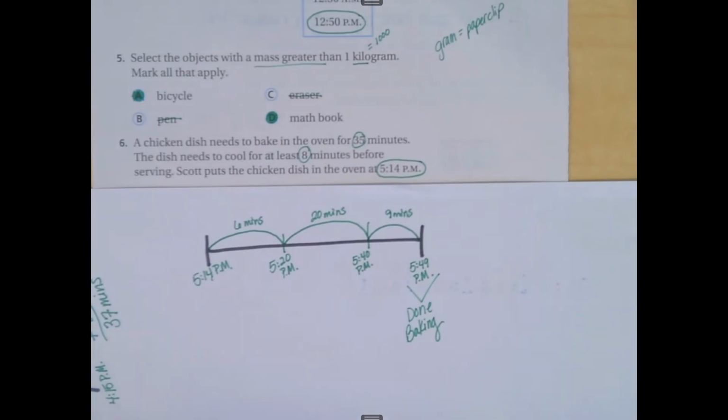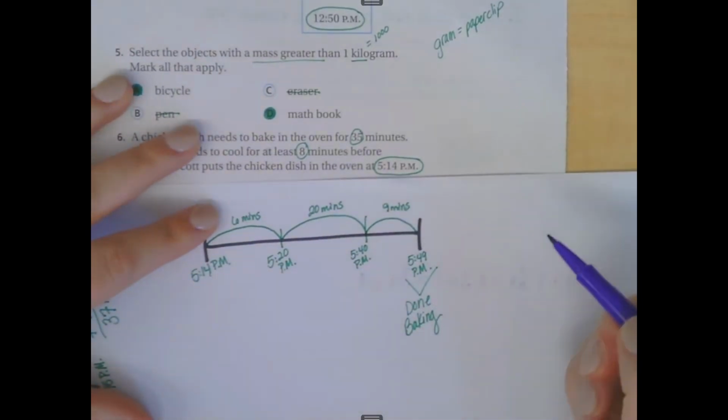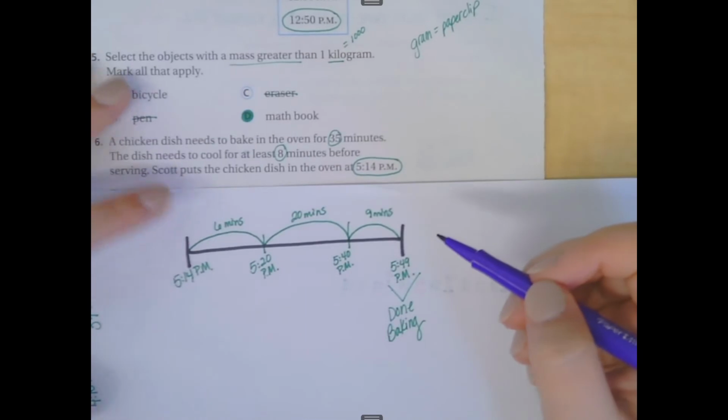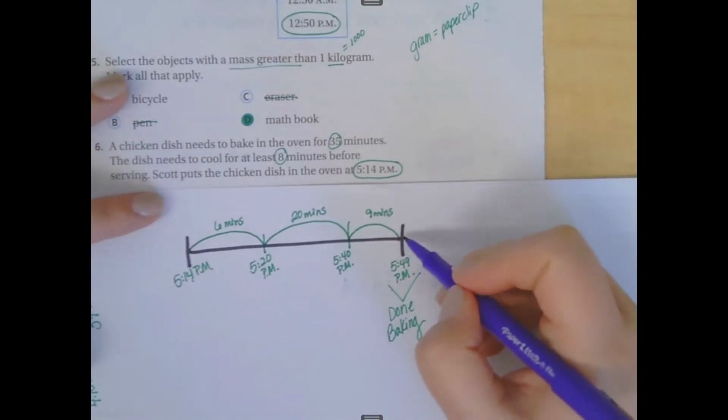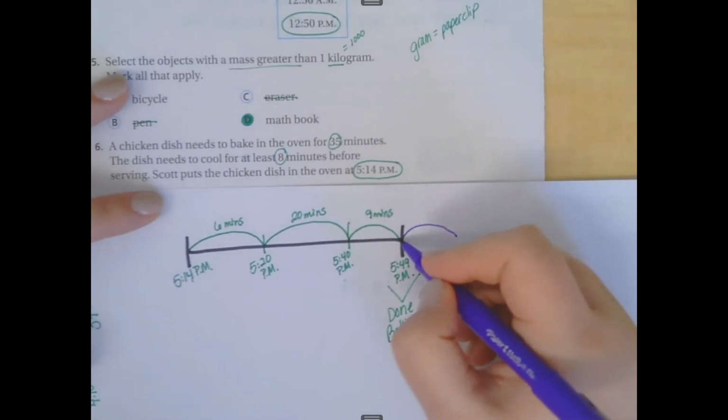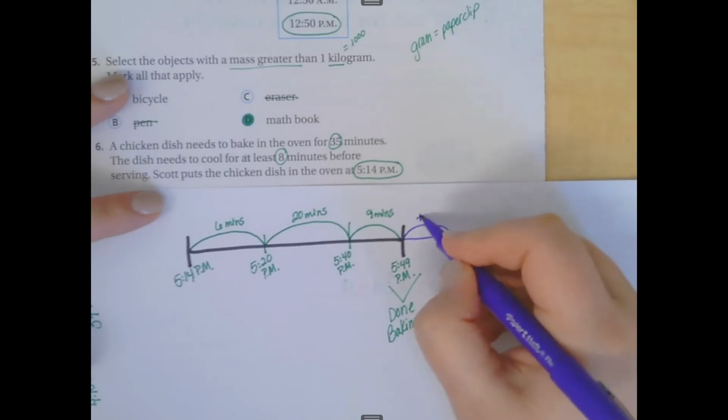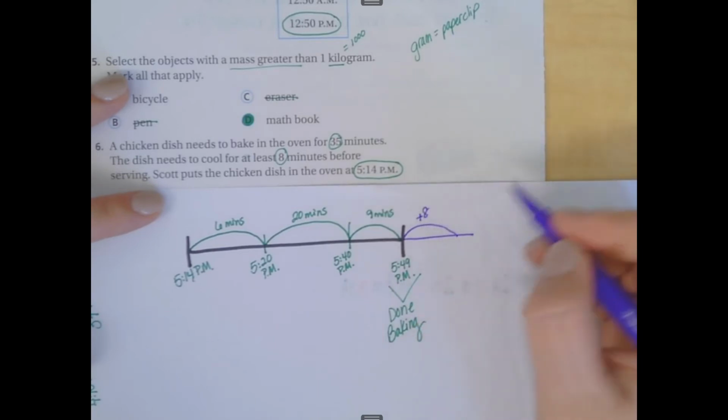Okay. Next, it needs to cool for 8 minutes before serving. At least 8. So it could cool for longer. So I'm at 5:49 and I need to add 8 on. What is 49 plus 8? 57. Good. So I'm actually going to add on to my number line plus 8.